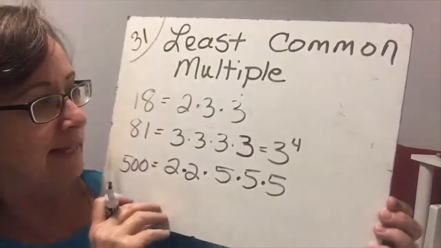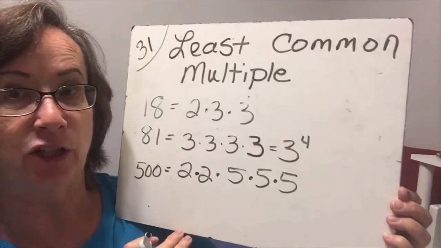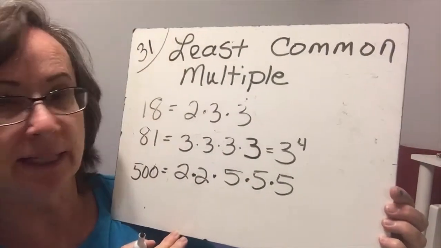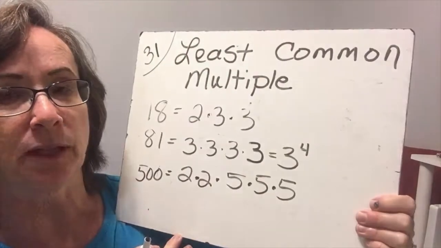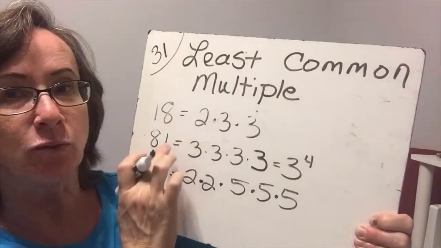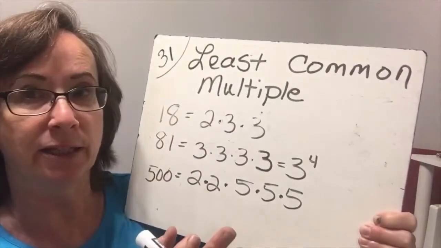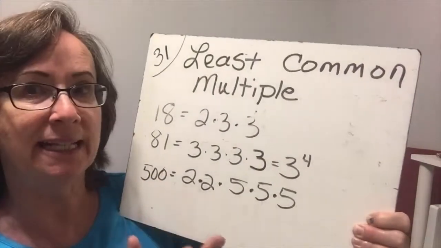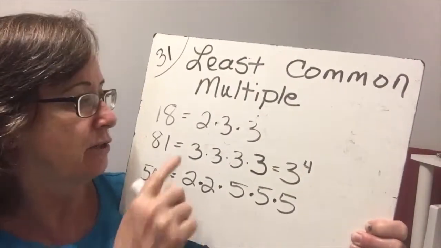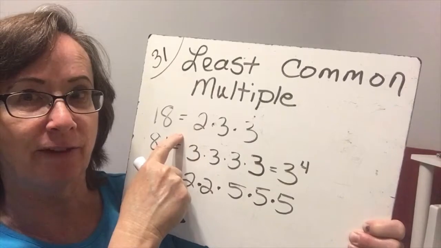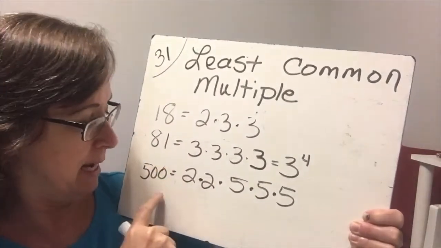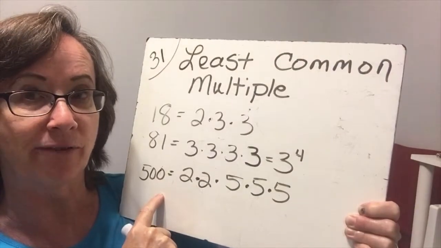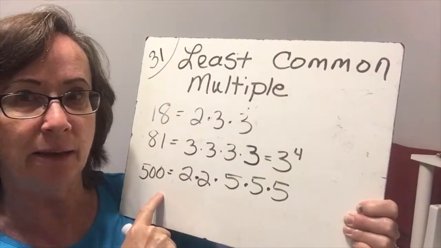Okay, so now we are ready to begin building our least common multiple. Our least common multiple has to have each one of these numbers go into it evenly. So it needs to have enough factors so that you can see the factors of 18, you can see the factors of 81, and you could see the factors of 500 in this number.